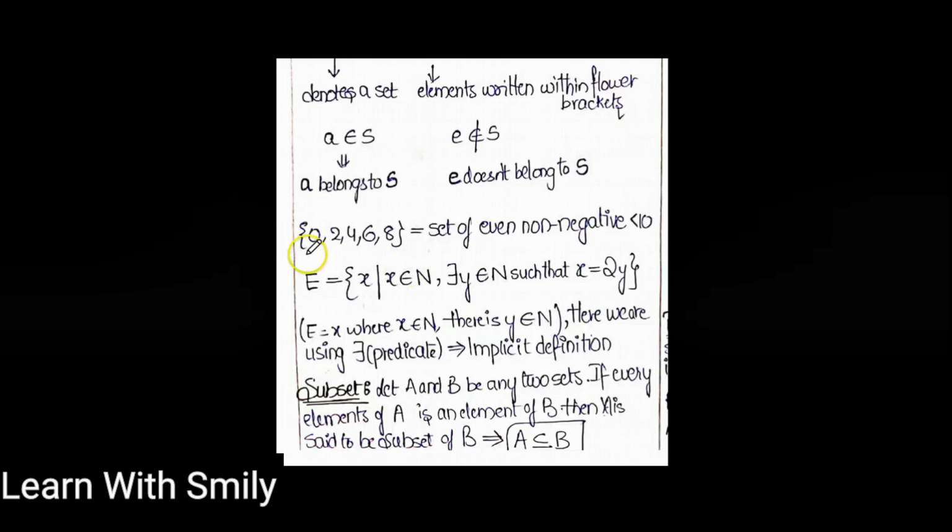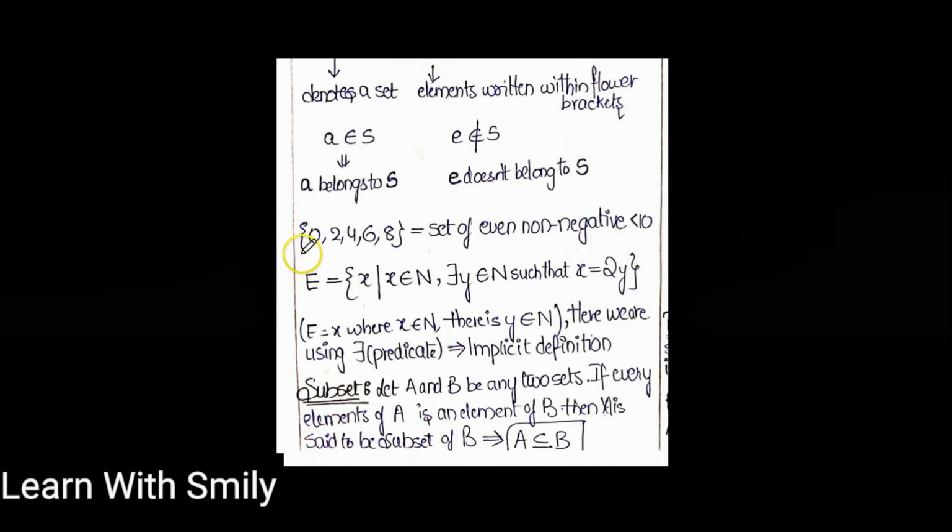Let's take another example, which is a set of even non-negative numbers that are less than 10. Non-negative means it should start from 0, and less than 10 doesn't include 10. If it is less than or equal to, then it includes 10.